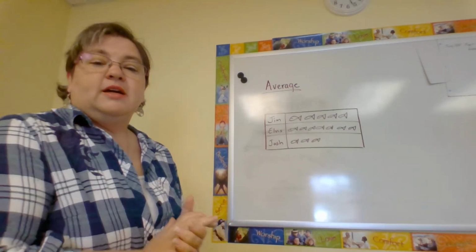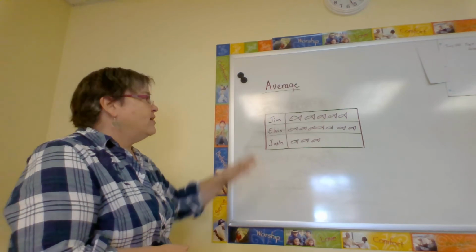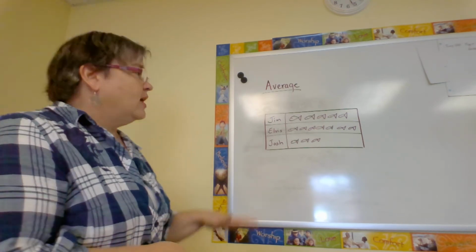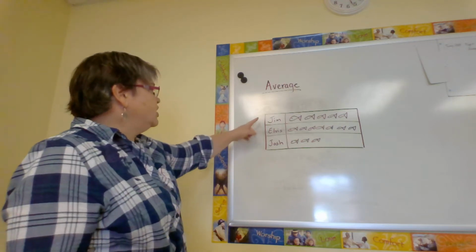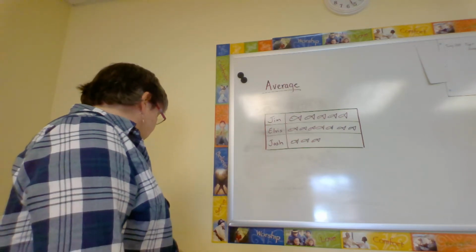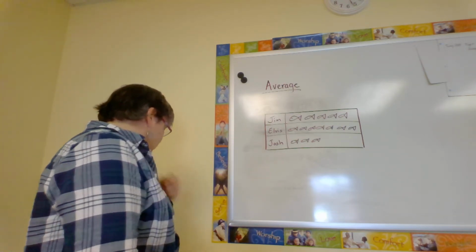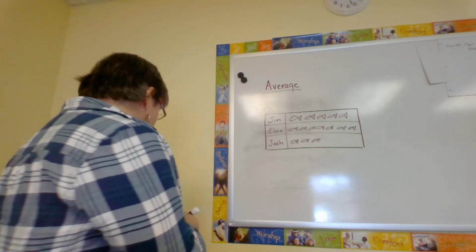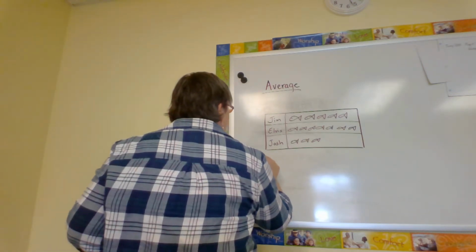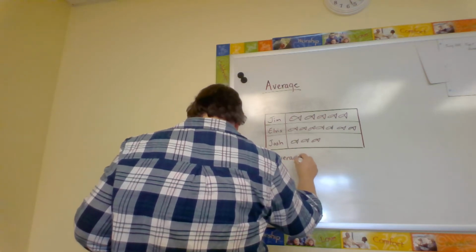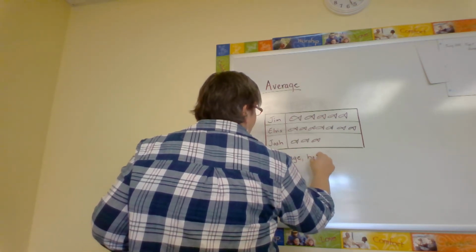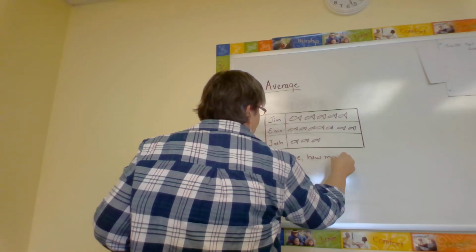Here we have a pictograph. There are 3 boys going fishing: Jim, Elvis, and Josh. On average, how many fish did they catch?